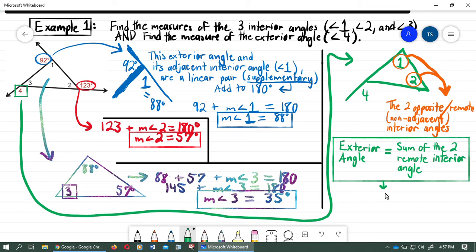Okay, so folks, for the last part of this example, we need to find the measure of that exterior angle, angle 4.